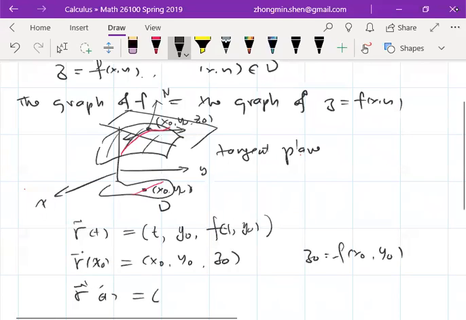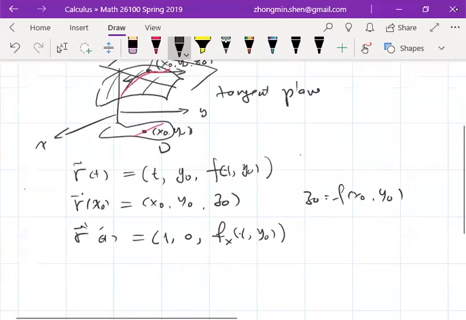When you differentiate (t, y naught, f), the first component is 1, the second is 0, and the third is the partial derivative with respect to x. In particular, when t equals x naught, you get 1, 0, f_x at x naught, y naught.